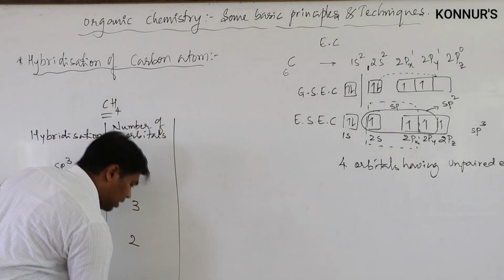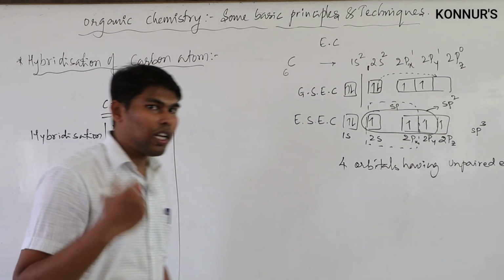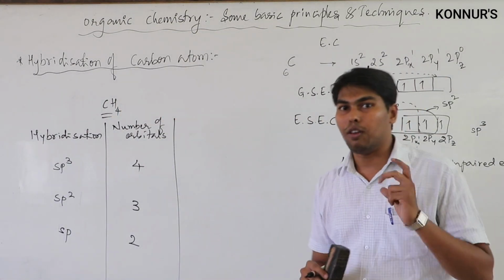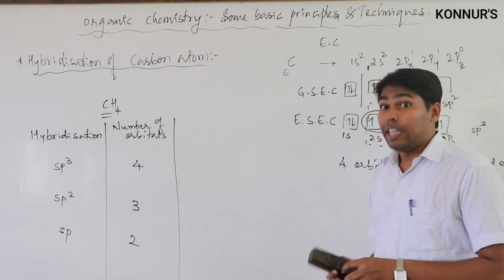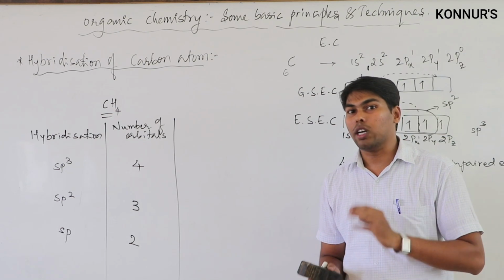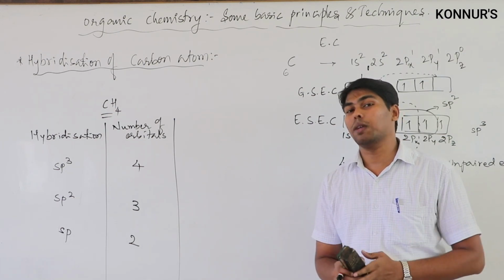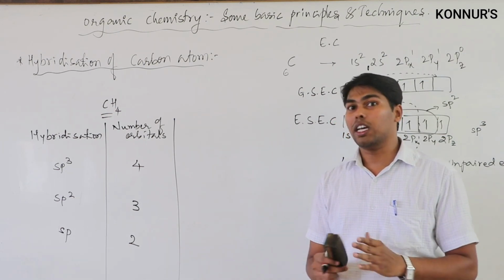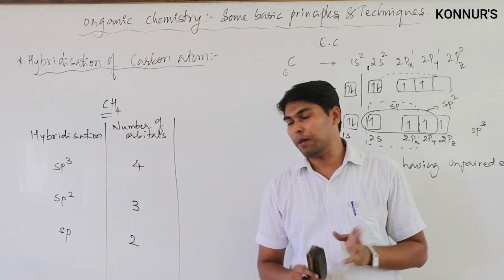So what happens after this formation? The other atoms will combine, and there is a formation of a bond. There are 2 kinds of covalent bonds, one is a sigma bond and another one is a pi bond. If straightway overlap takes place, it's a sigma bond. If sideways overlap takes place, it's a pi bond.